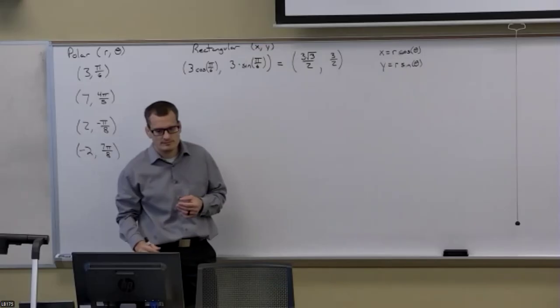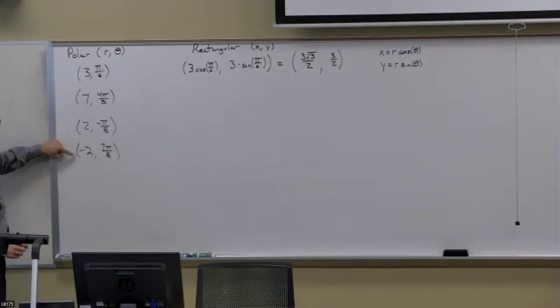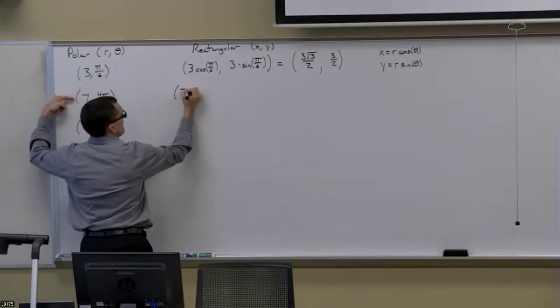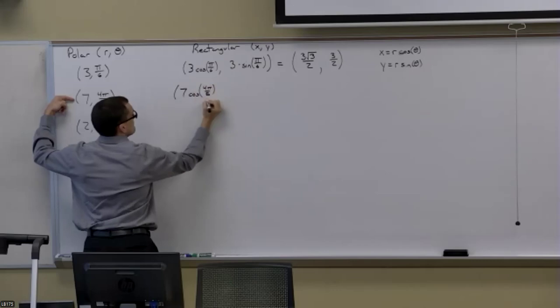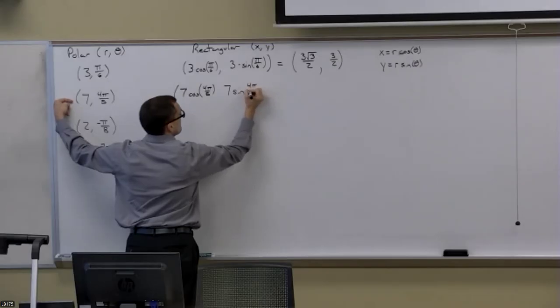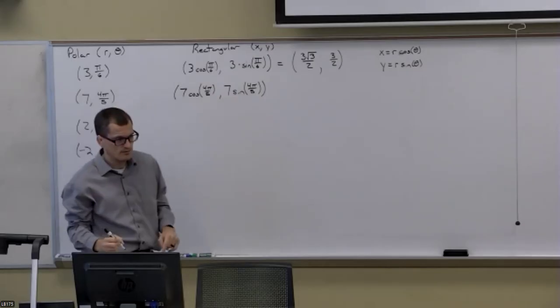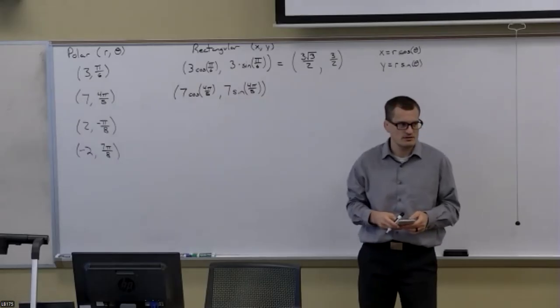Okay. On these next ones, these are not going to be nice angles that we have memorized like the previous case. So on these ones, when I type things in, 7 cosine of 4 pi over 5, and then 7 times sine of 4 pi over 5, I'll have to use decimal versions, okay?